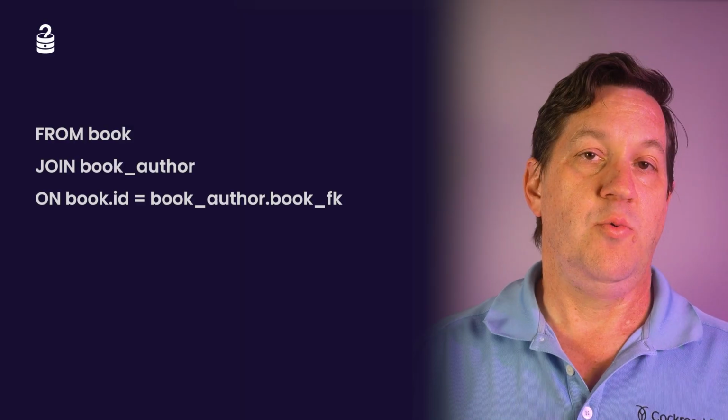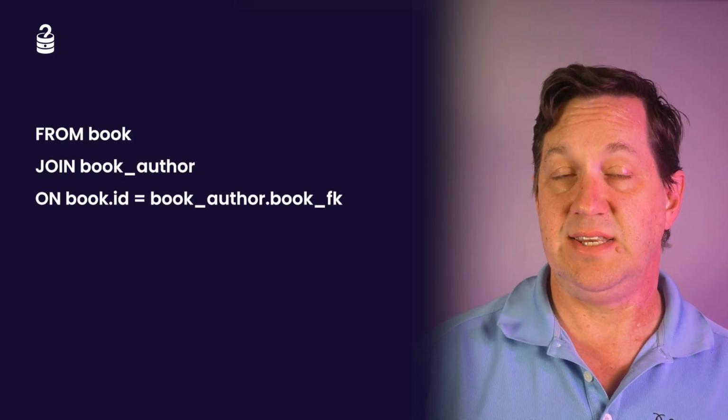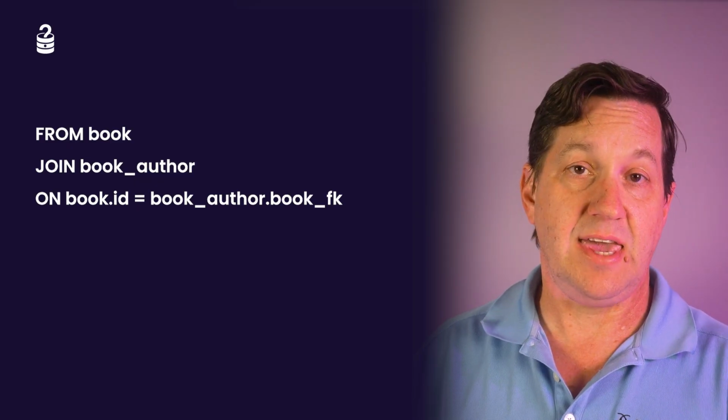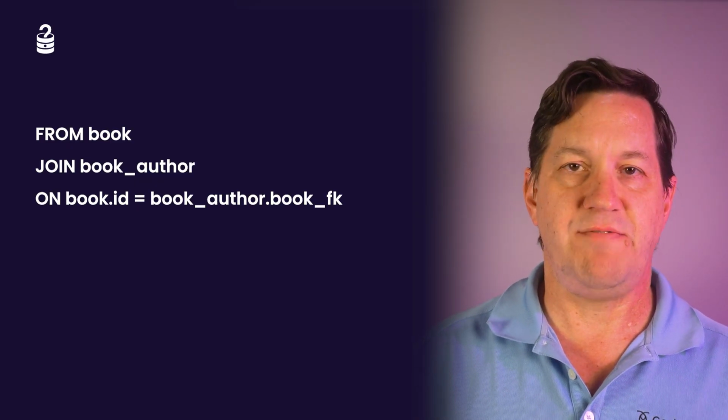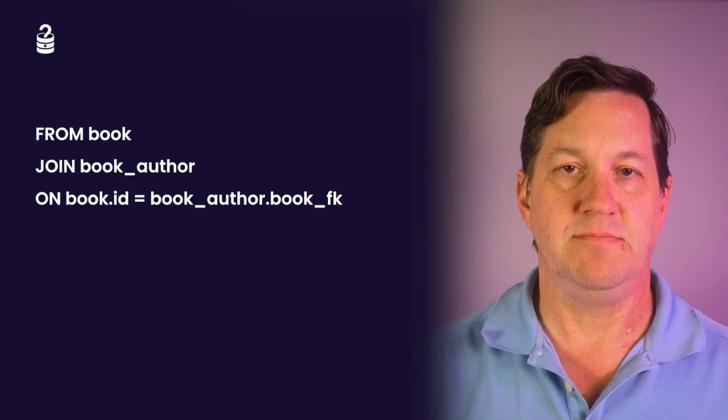That also means nothing in the book author table. If we ran the query we just pieced together earlier, this new book would not show up. When we write from book join book author on book.id equals bookauthor.bookfk, we're saying we only want values that match on both sides, hence nothing in the results for this one.